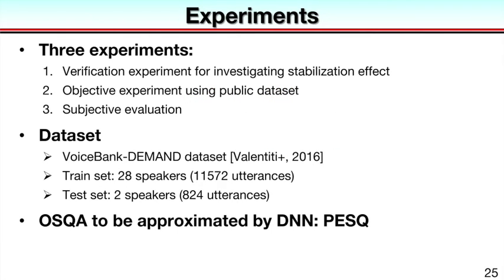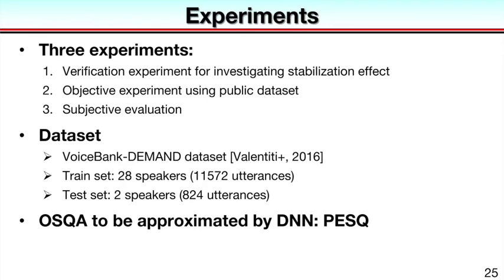To evaluate the performance of the proposed method, we conducted 3 experiments. The first experiment is a verification experiment for investigating the stabilization effect of the proposed method. The second experiment is an objective experiment using a public dataset. The third experiment is a subjective experiment.